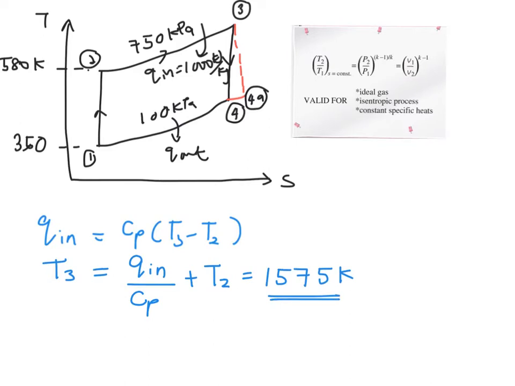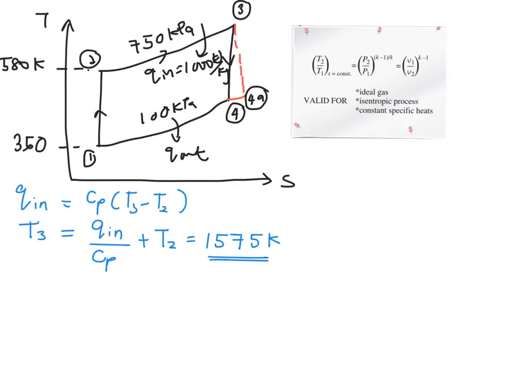From this T3 that you obtain, you will be able to solve for your state 4 over here. However, the question wants the actual value, which is your T4A, not the T4. Therefore, you will make use of the isentropic efficiency relation.